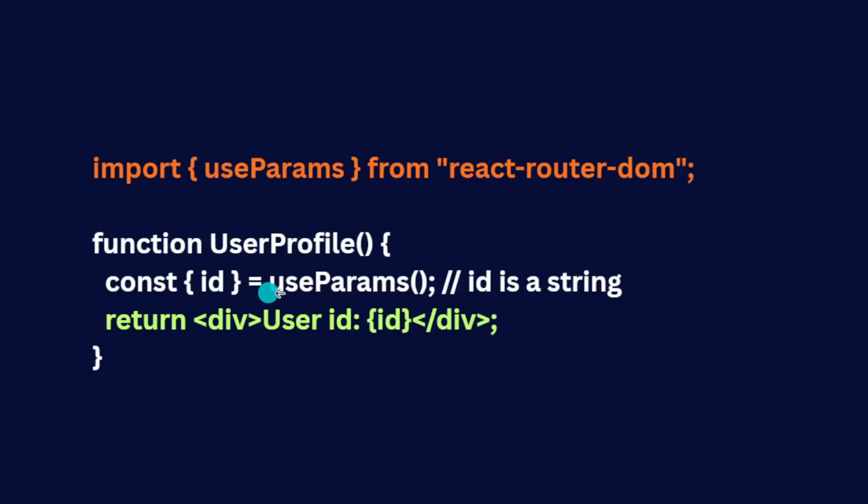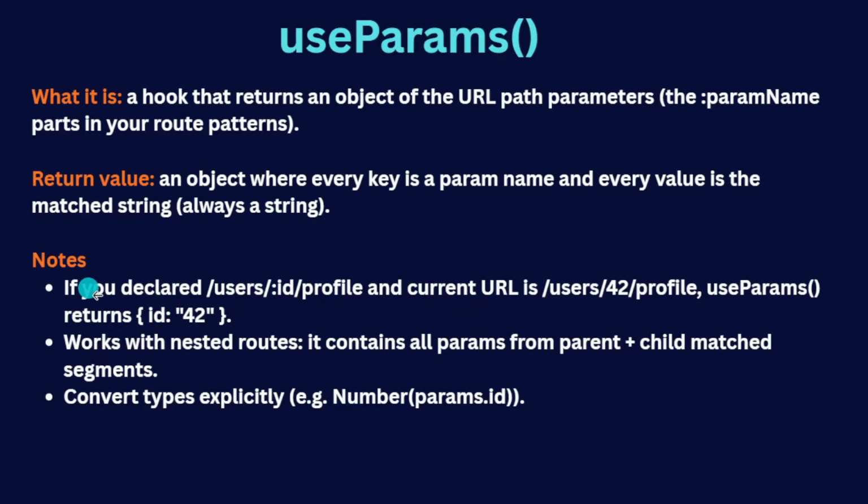You can see here, this is const id, right? The return value is an object where every key is a parameter name and every value is a match string. So whatever name you put inside BrowserRouter or inside Routes, you can get as a key, and all the values are going to be strings.